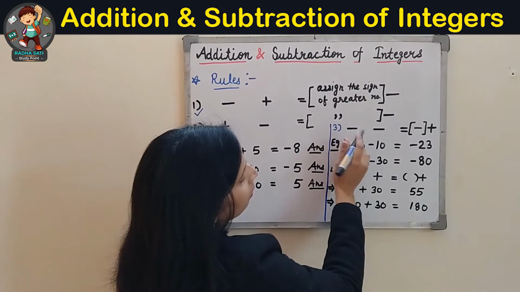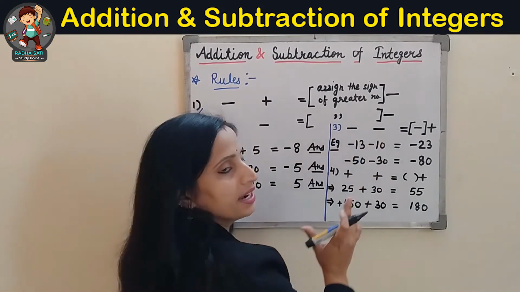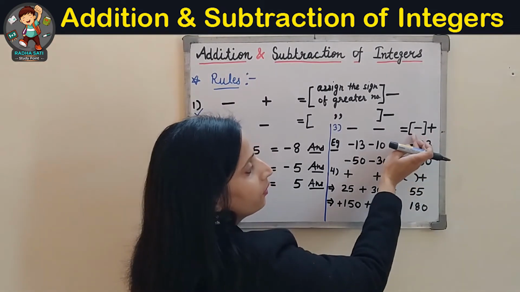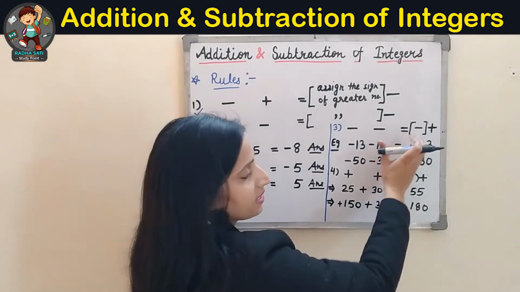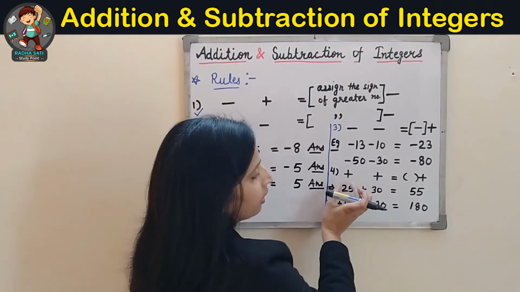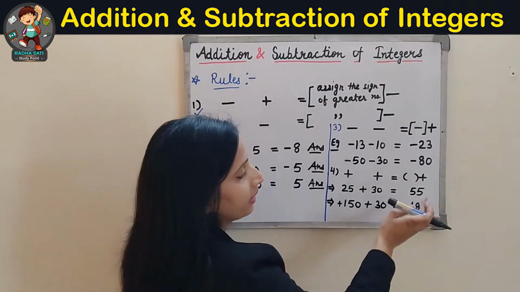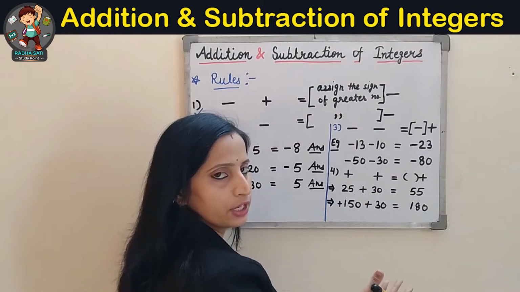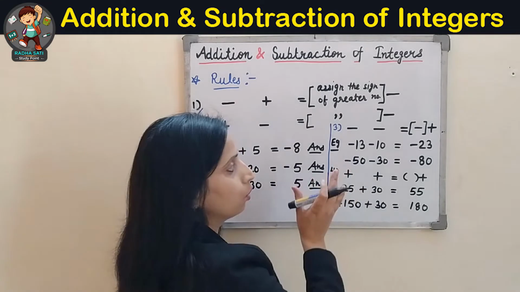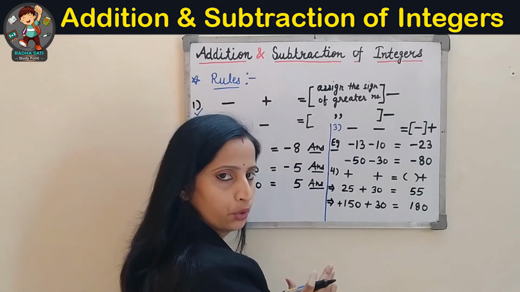In the third rule, whenever both the integers are negative integers, we will add them and we will put the sign of minus before our answer. And as per the fourth rule, plus plus plus, and no need to put the sign of plus here. Okay. So I hope that now these rules are clear to you.